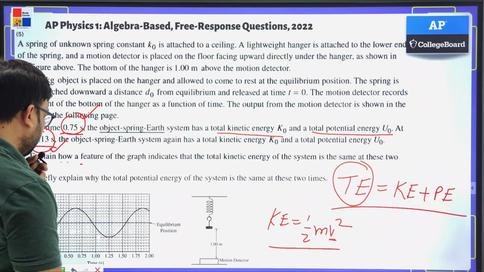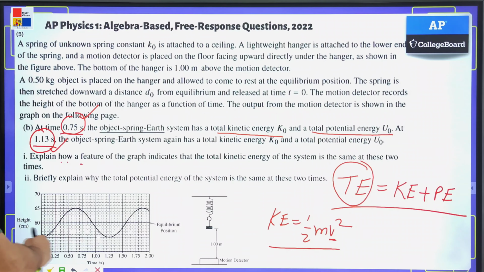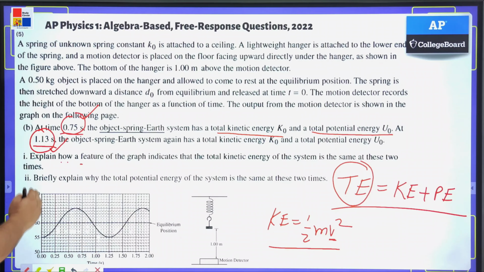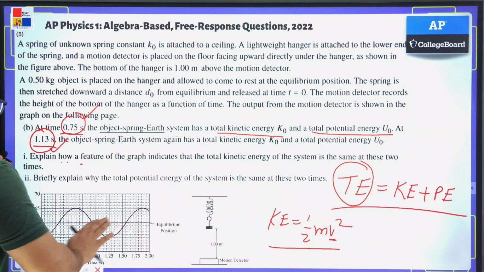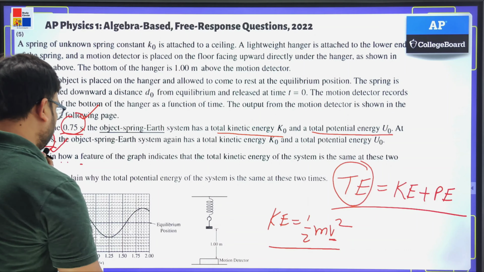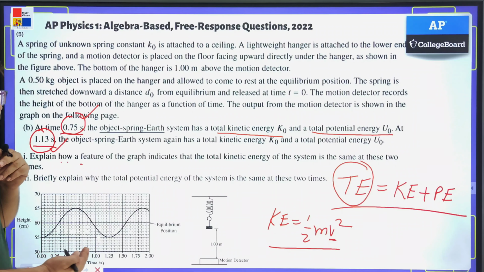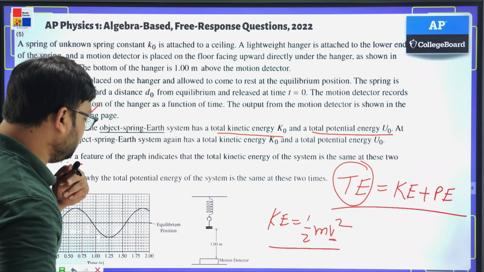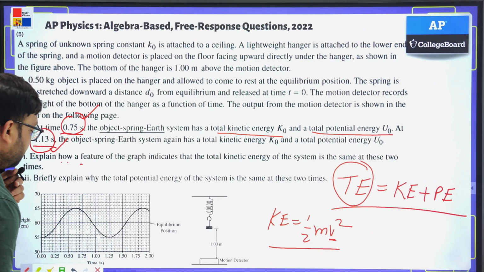The speed of the object will be given by the slope of this position time graph. This is the position time graph given for the object, right? So the slope of this graph at any instant will give me the speed. The magnitude of the slope gives me the speed.